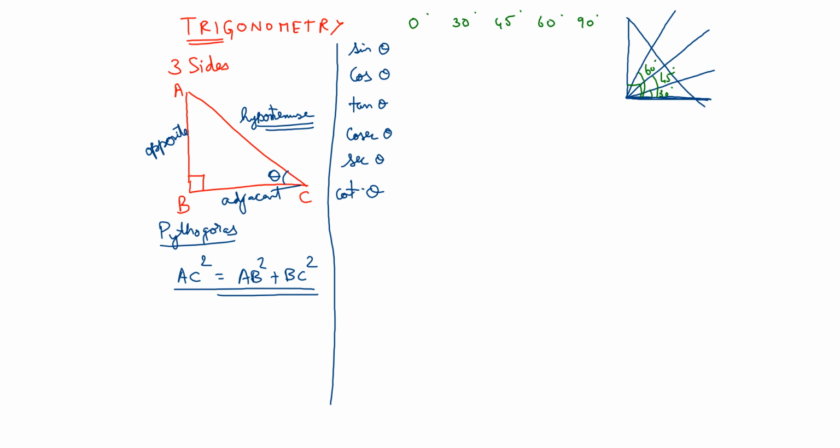Now how do we find the values of these sine, cos, tan, cosecant, secant and cot? There is an easy method. We can split this into 4 fractions.